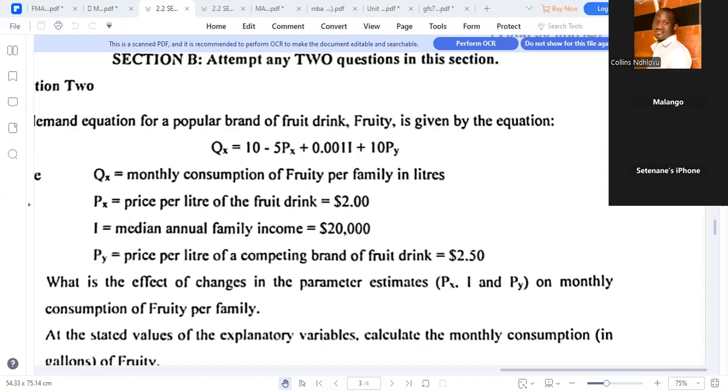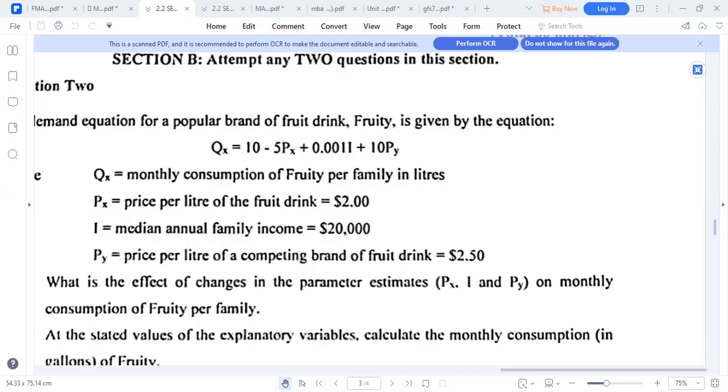Okay, so this was on yesterday's lesson. Then when we talk about the related goods, we have what we call the substitute goods and complementary goods. So from my own definition, what do you think are substitute goods?